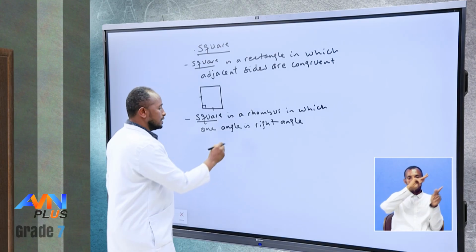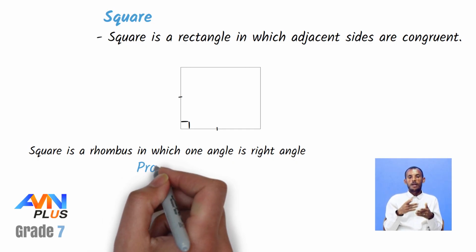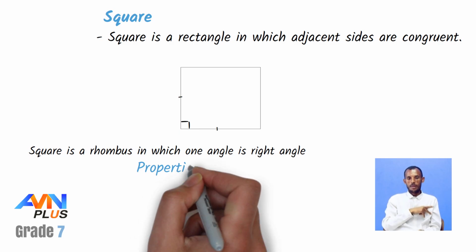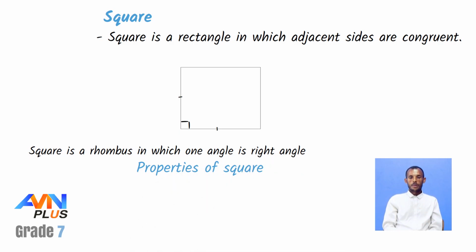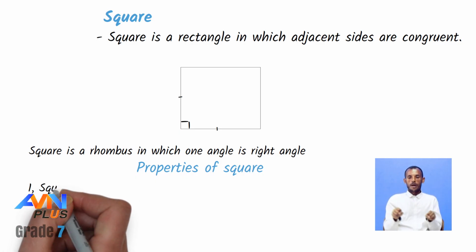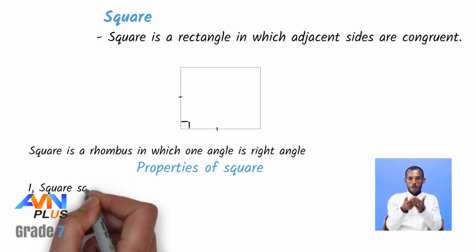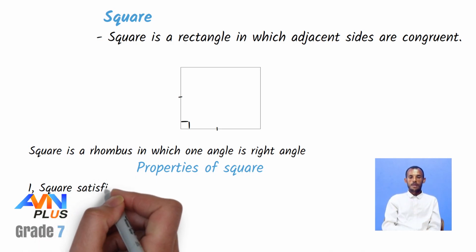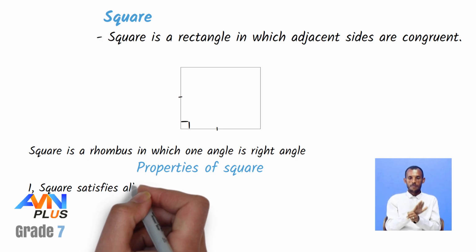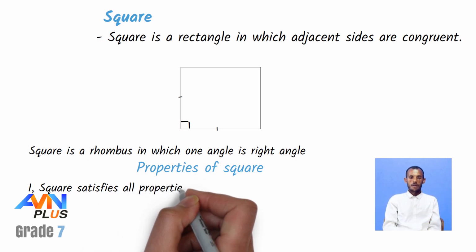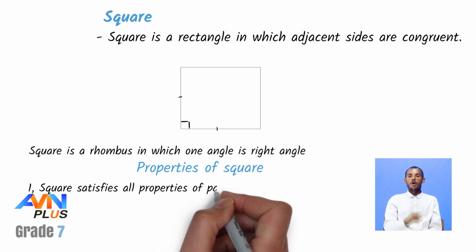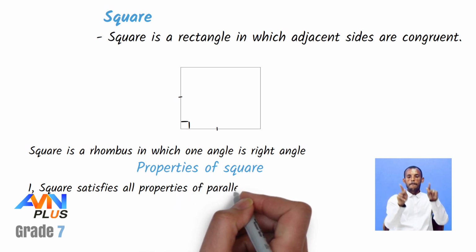Therefore, let's try to list the properties of a square. One, a square satisfies all properties of a parallelogram. So it's a parallelogram.